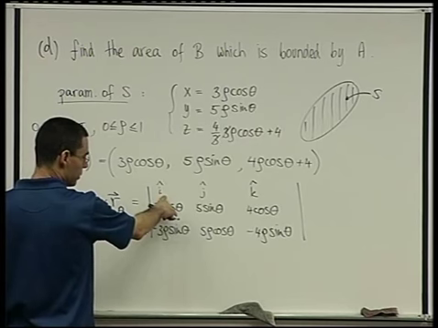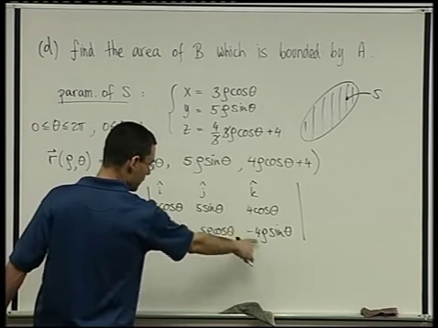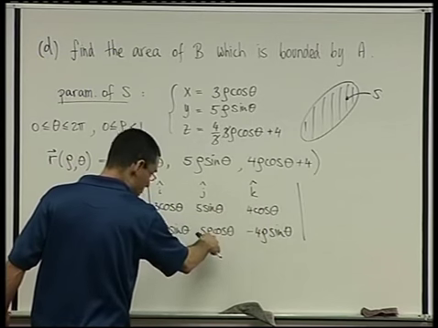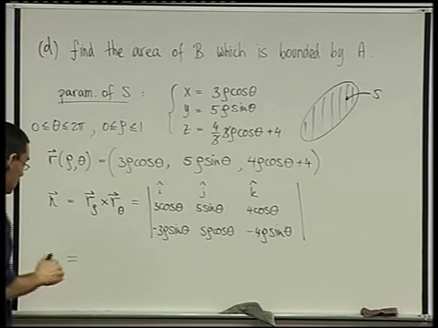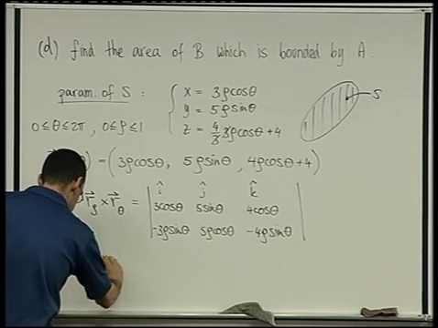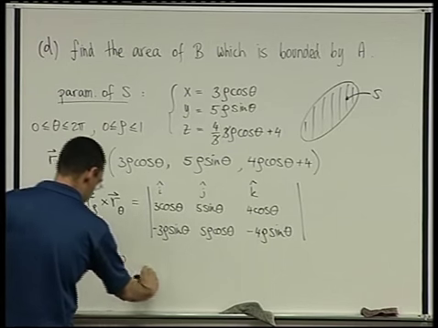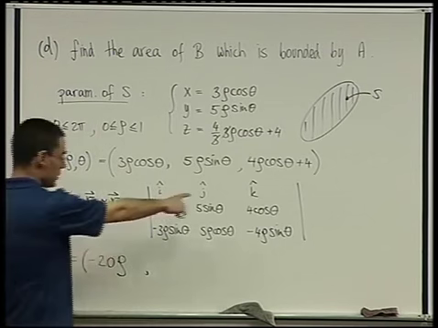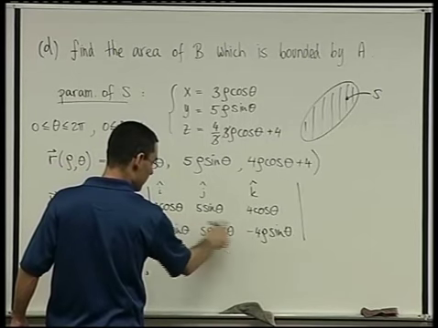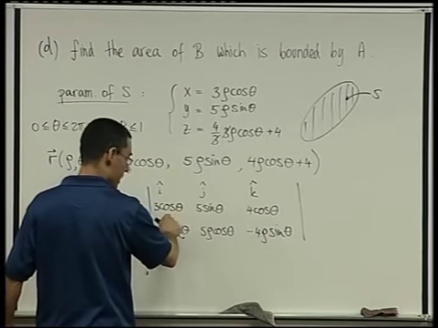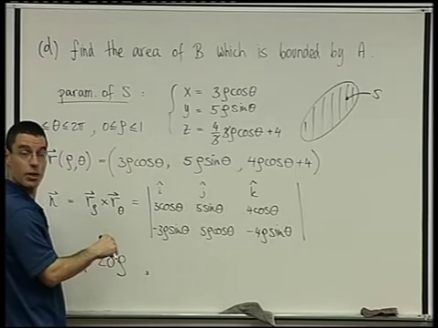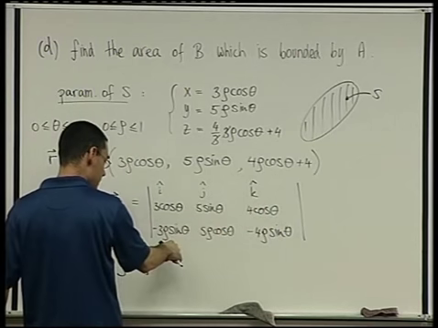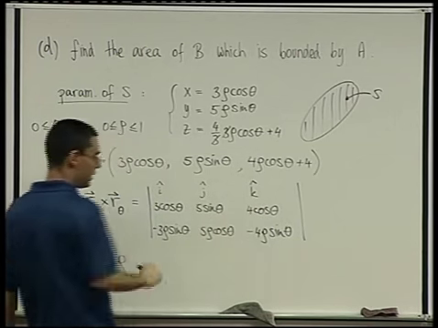So for the I component, we get minus 20 rho sine squared minus 20 rho cosine squared. So we just get minus 20 rho. That's the I component. Do you agree? For the J component, we get minus 12 rho sine cosine, minus minus plus 12 rho sine cosine.